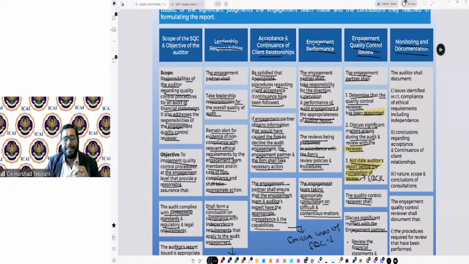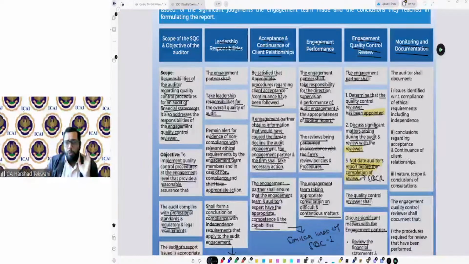Now, if that is operating effectively, then some of the issues are reduced. For example, issues with respect to acceptance and continuance. I can say the ANC is being followed appropriately throughout the organization, so I can rely on whatever documentation or information is there with respect to the ANC in the firm.